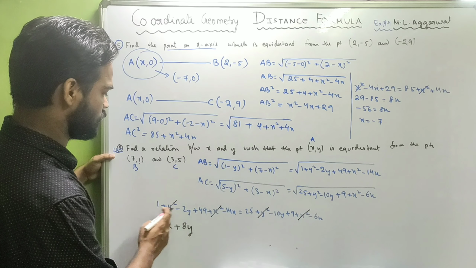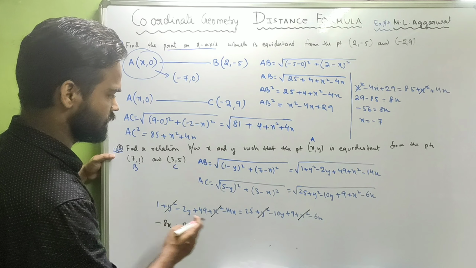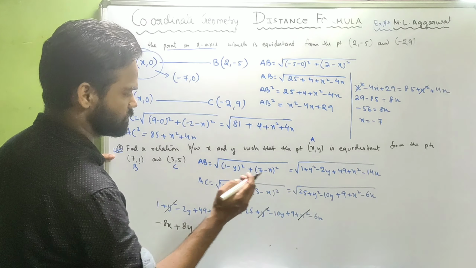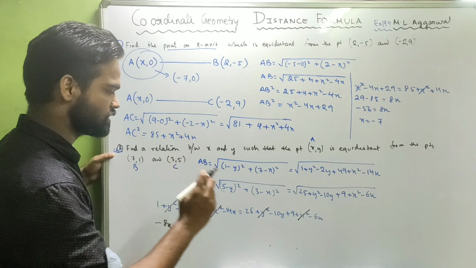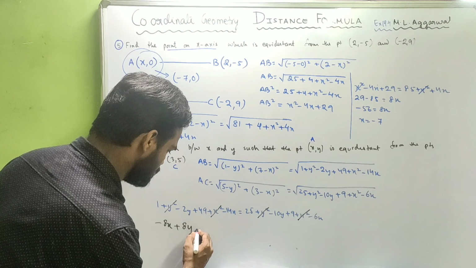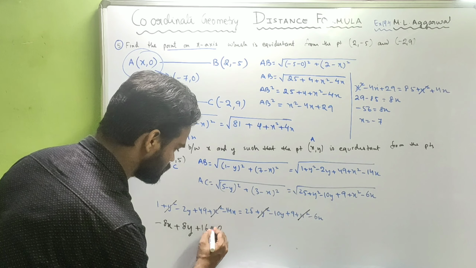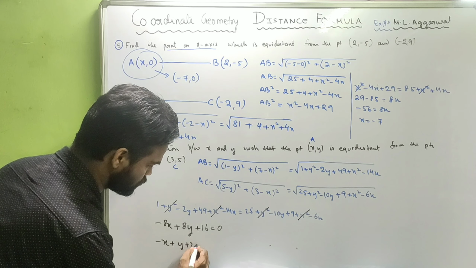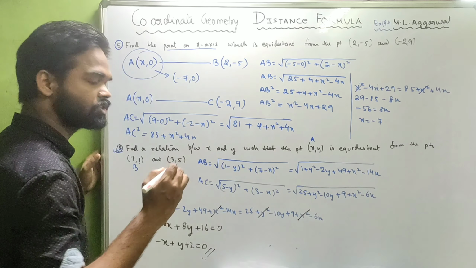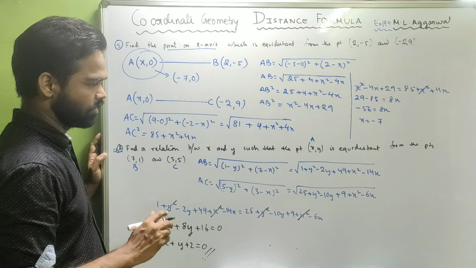And 49 plus 1 is 50, 50 minus 34 is 16, so it will be plus 16 equals 0. Take 8 common, so minus x plus y plus 2 equals 0, and this is the relationship between x and y. Am I clear?